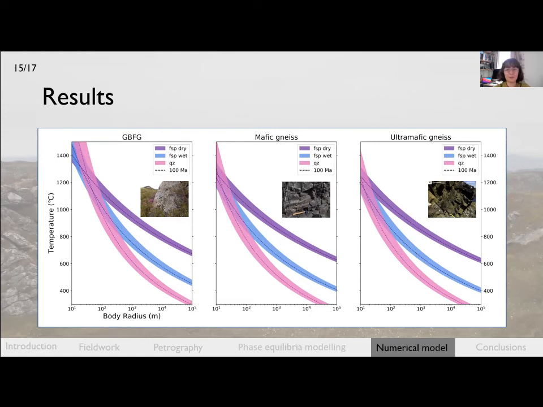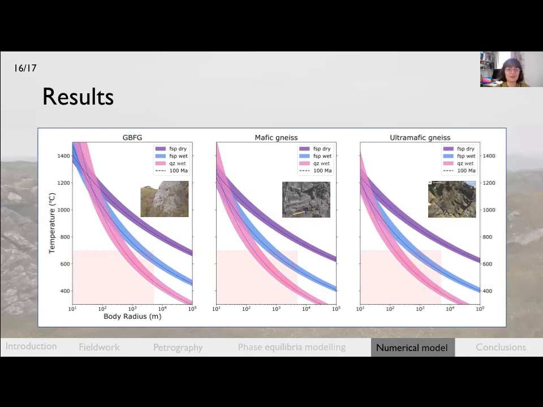The largest possible particles in the Lewisian have radii of less than 5 kilometers. Temperature represents the average temperature throughout the sagduction event and is highly unlikely to be above 700 degrees. These constraints are shown by the red boxes.